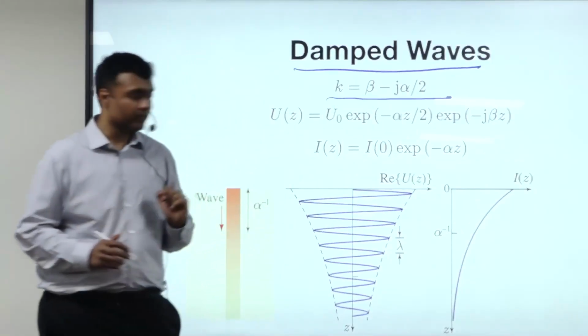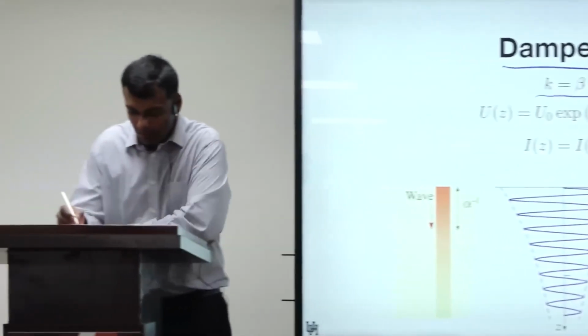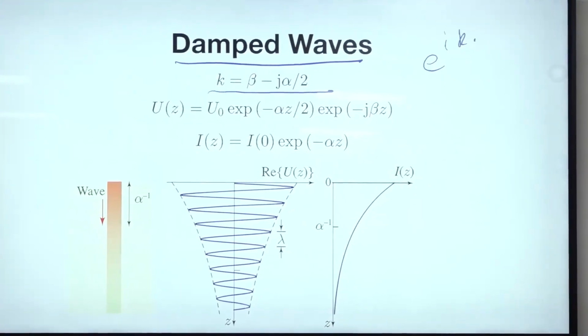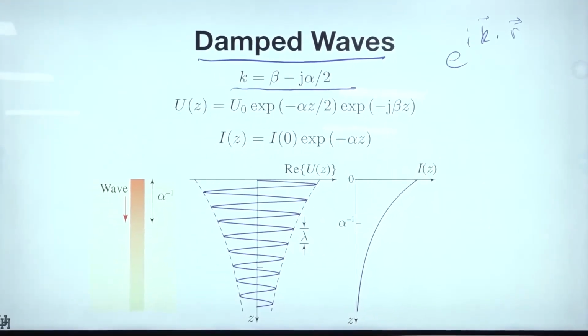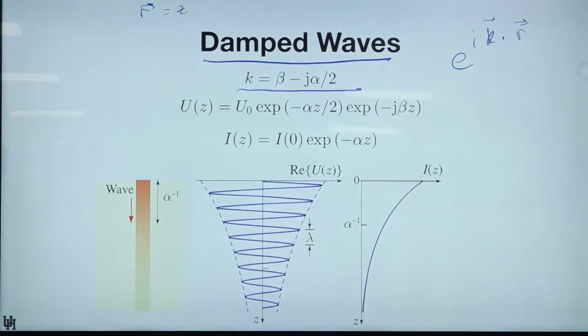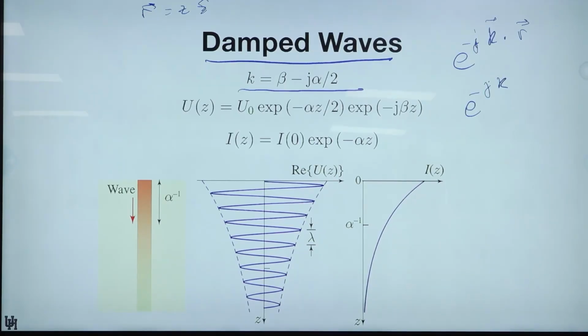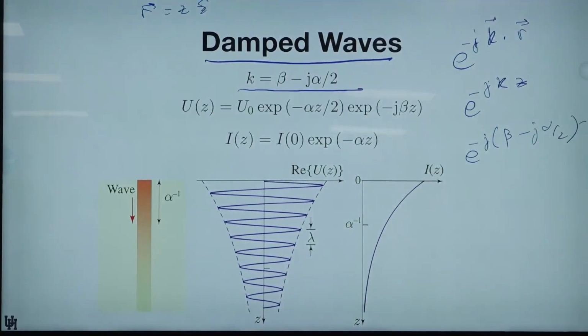What I'm saying is e to the minus j k dot r, right? r is nothing but z in this case, if the light is just traveling along the z direction, which is the case I'm looking at. What do you have here? e to the minus j k z, and k is beta minus j alpha by 2, times z, right?